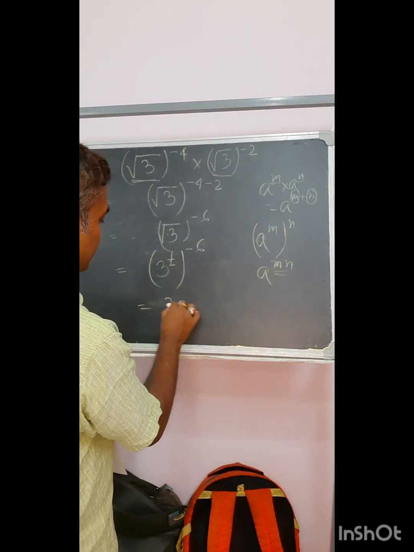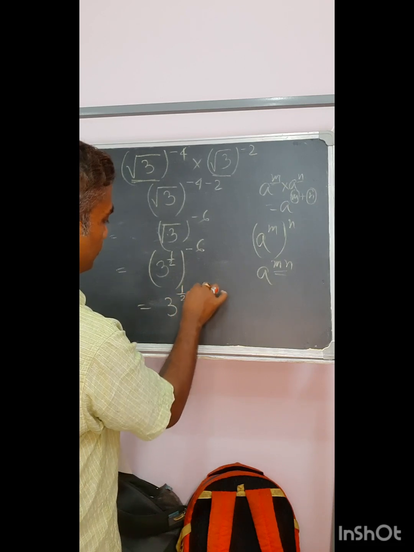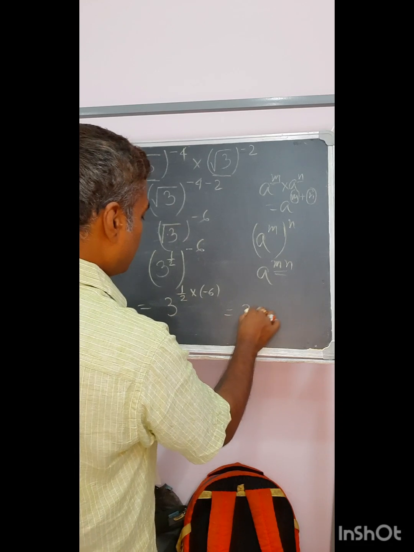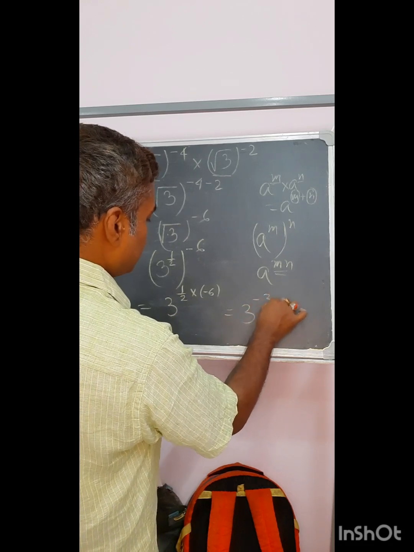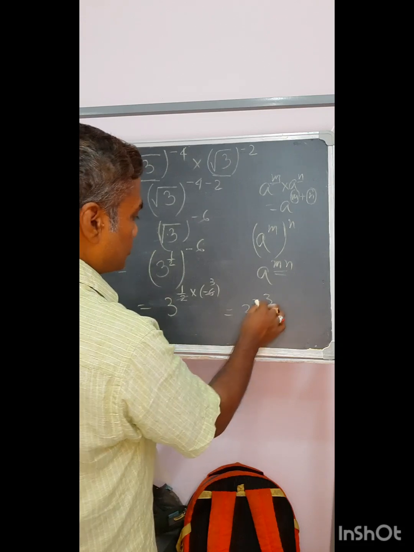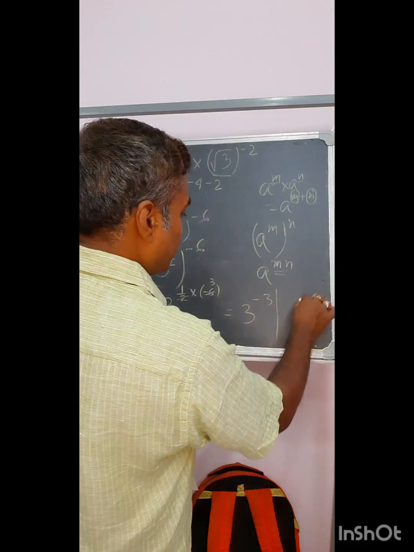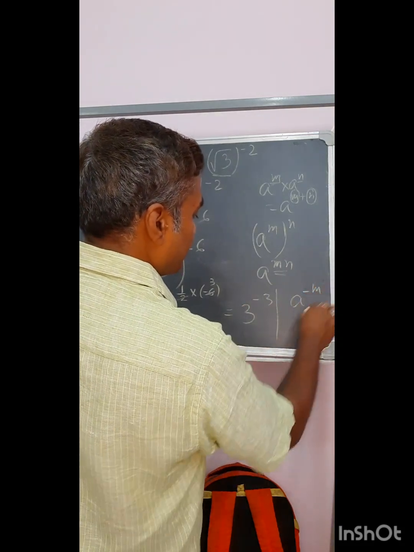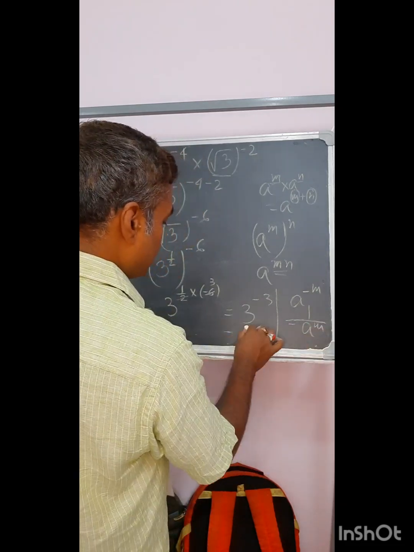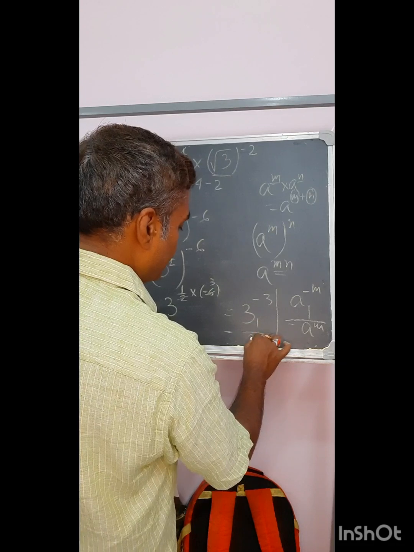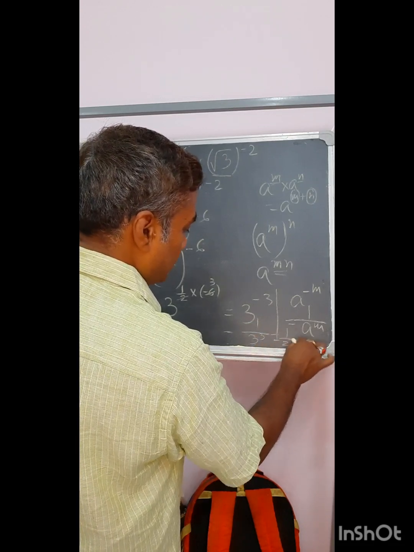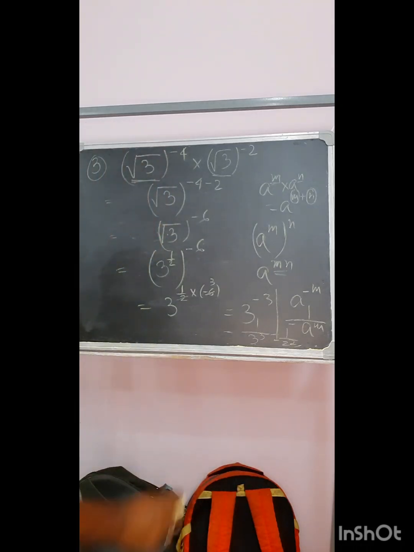So here also the same thing, half into minus 6, which if I calculate, I will get minus 3, because the 2 will be cancelled out and the minus will remain. So now a to the power minus m, I can write as 1 upon a to the power m. If I follow the same, 3 to the power minus 3 is nothing but 1 by 27. So this is your answer.